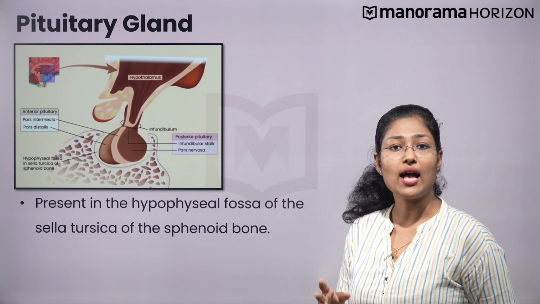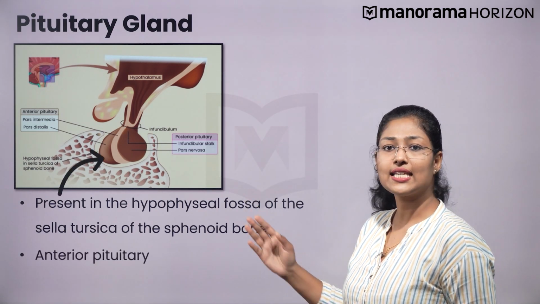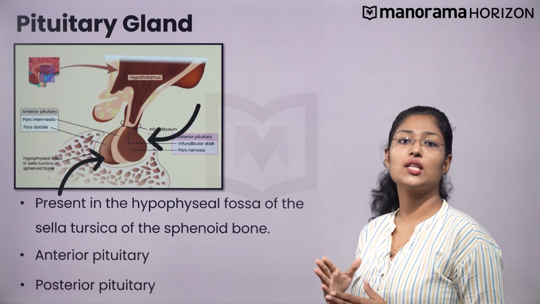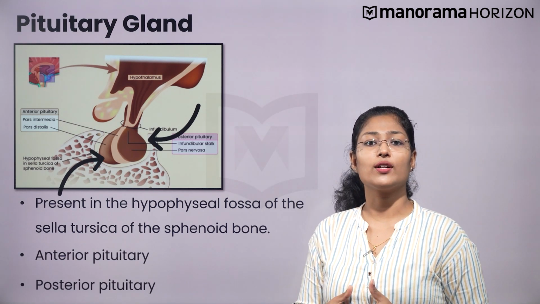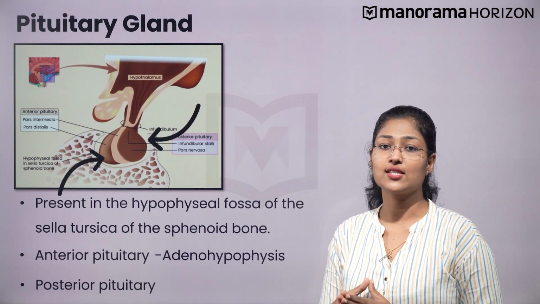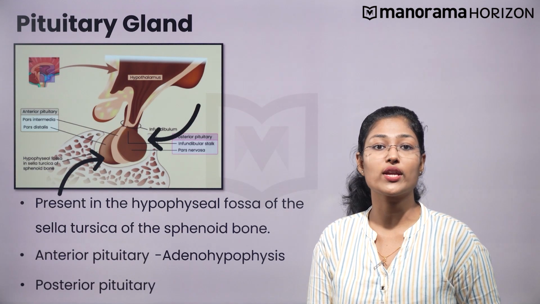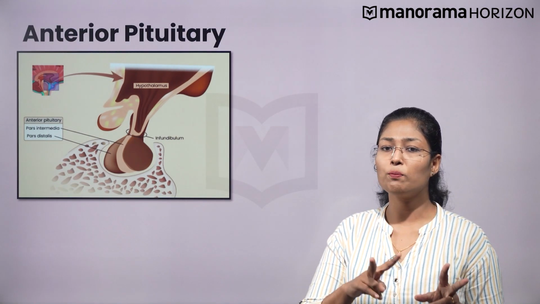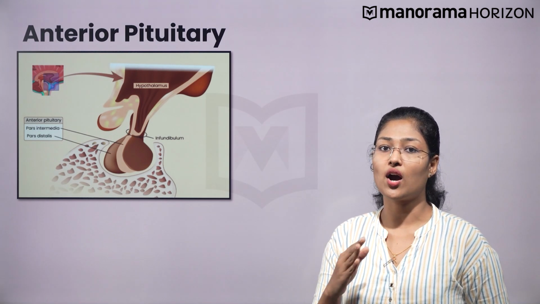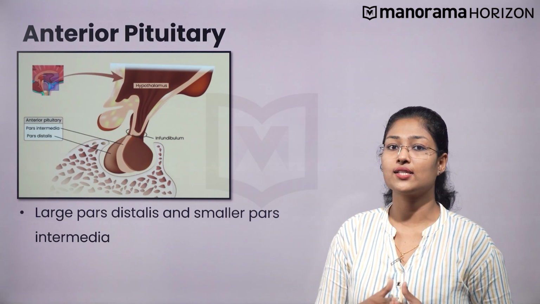It has two anatomically and functionally separate parts called the anterior pituitary and the posterior pituitary. The anterior pituitary is also called the adenohypophysis and makes up about 75% of the total weight of the gland. The anterior pituitary has two parts in an adult, which are the larger pars distalis and the small pars intermedia.